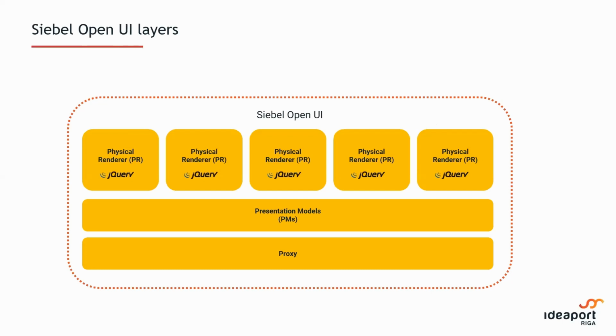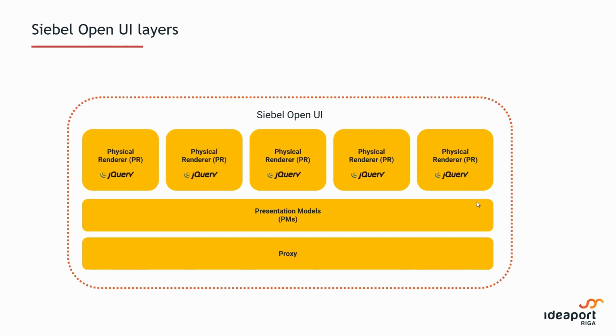Okay, and again, if we zoom in a little bit further, let's see how this Open UI is organized. As some of you know, first we have the proxy layer, which is responsible for communication with the server. We have presentation models, with some of the data available and some of the properties and methods as well.